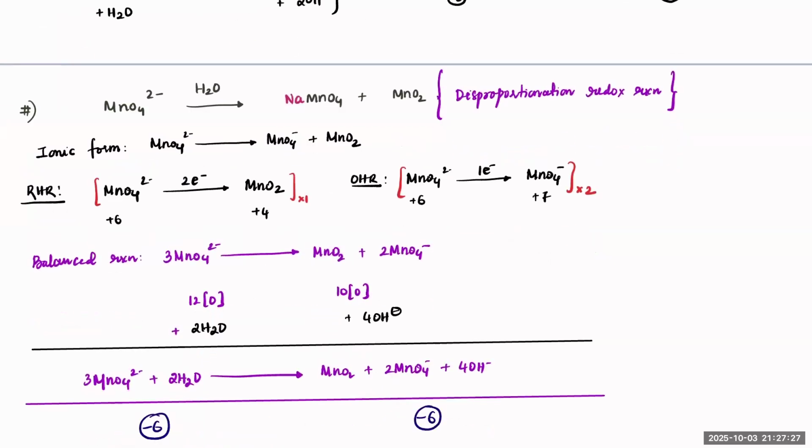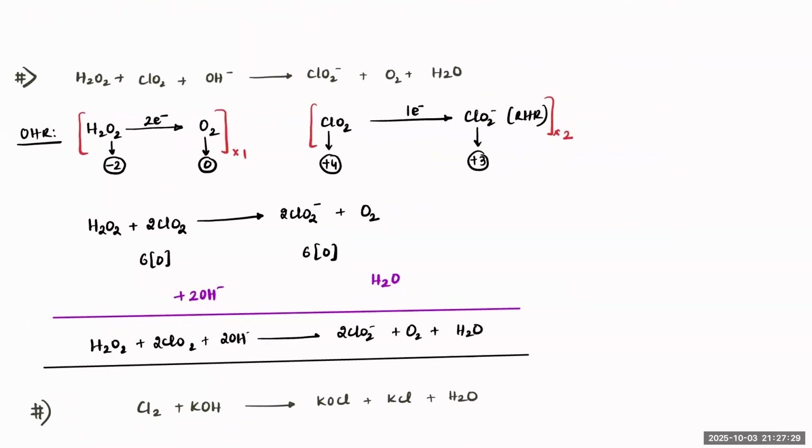Coming back to our question which we just solved, this is a normal intermolecular redox. Intermolecular redox, because there are two different species involved. Both of them are undergoing oxidation and reduction.